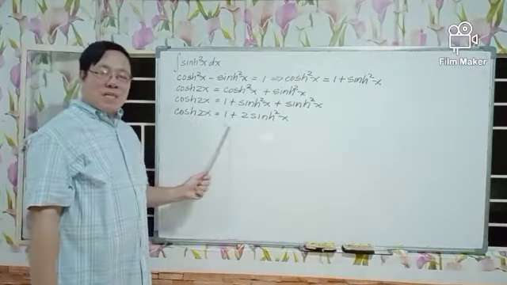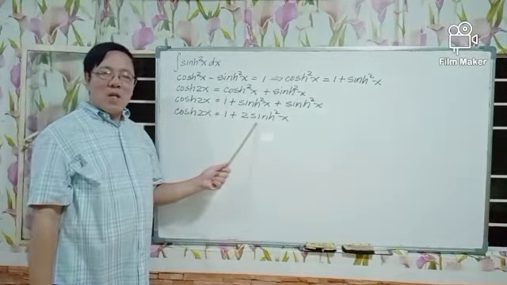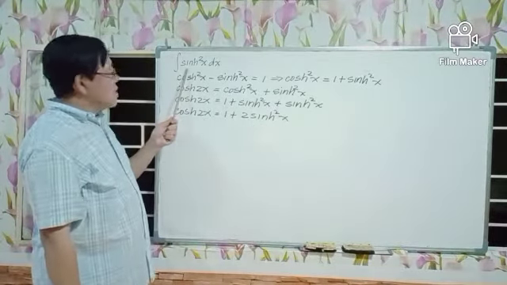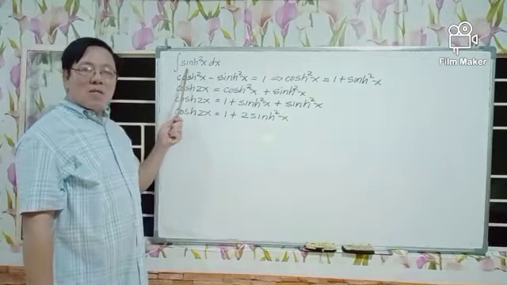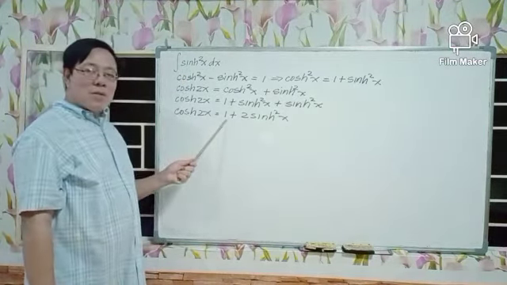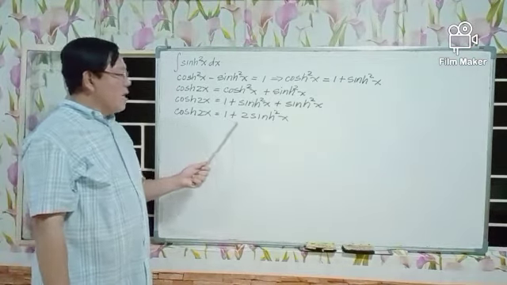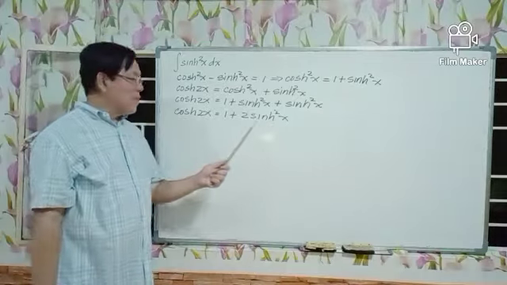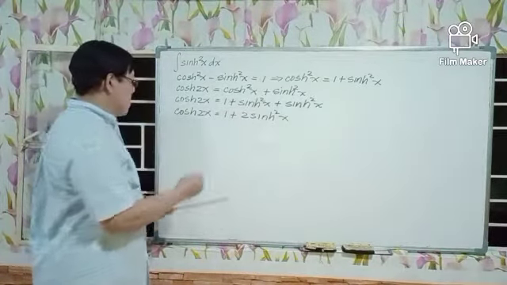And from this last equation, we solve for the square of hyperbolic sine of x, and we will replace the value of the square of hyperbolic sine of x in the given integral. We transpose 1 to the left hand side, and at the right hand side, we are left with 2 times the square of hyperbolic sine of x.